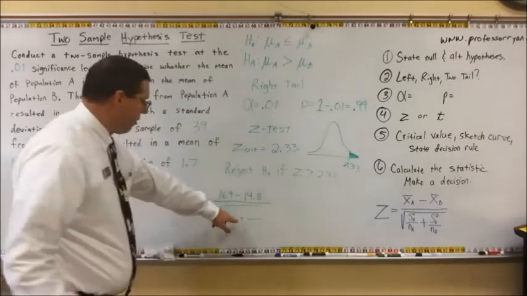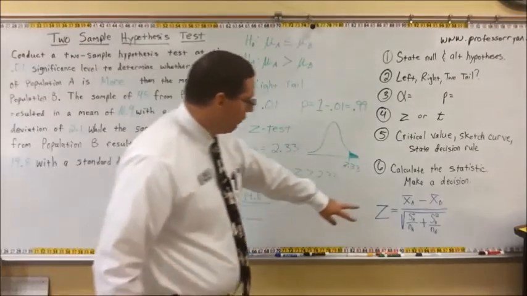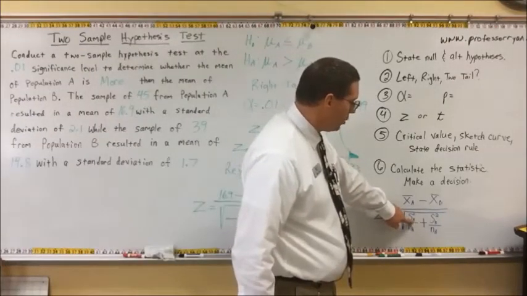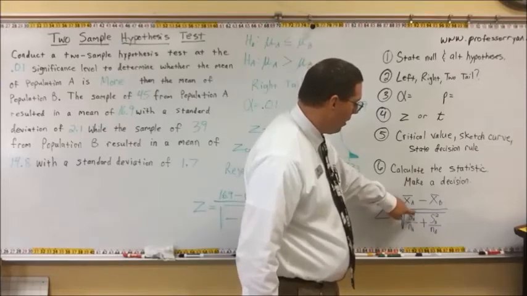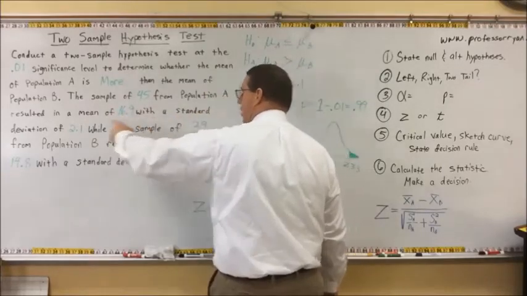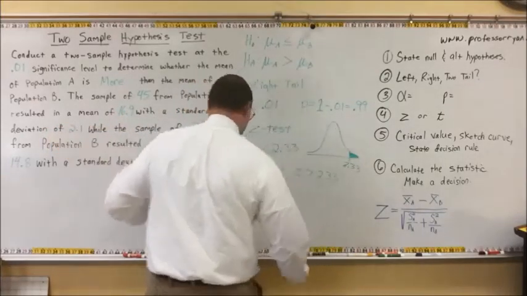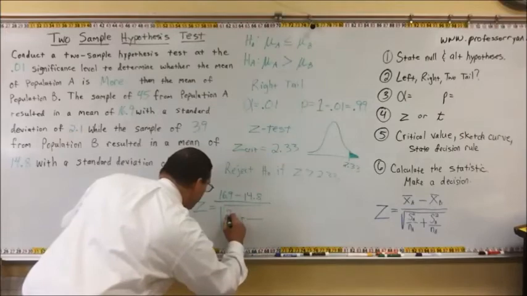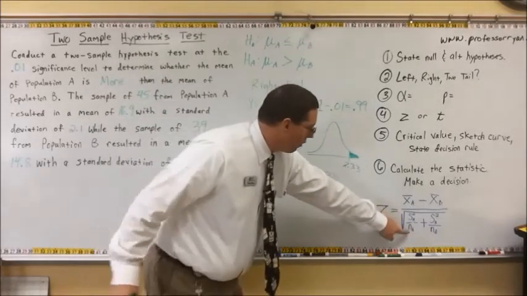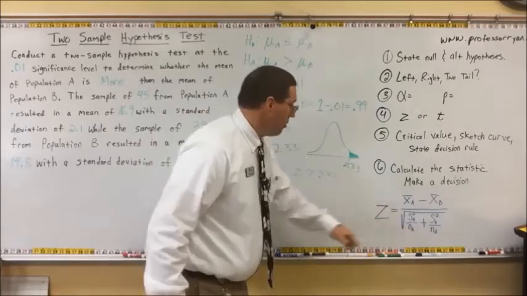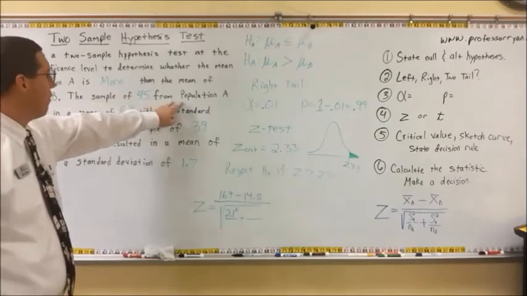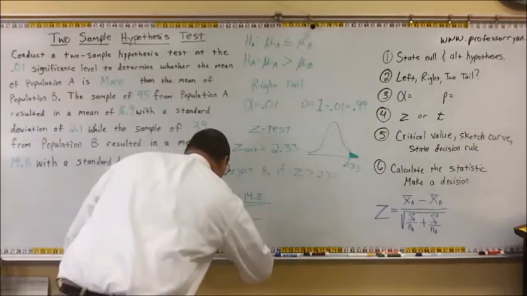The first fraction is the standard deviation of the sample from population A, squared. Population A has a standard deviation of 2.1. So we're going to put 2.1 squared over the sample size of A. The sample size is 45, the sample of 45 from population A. So over 45.